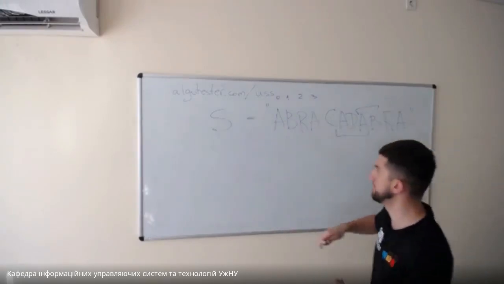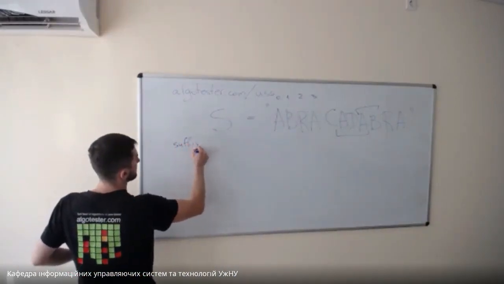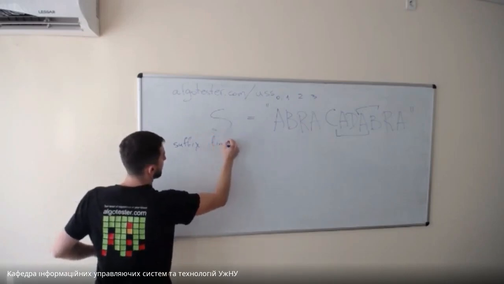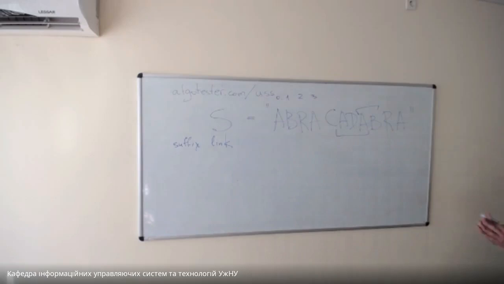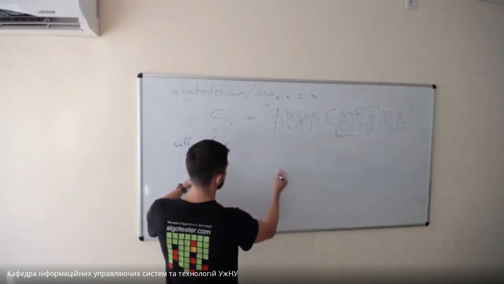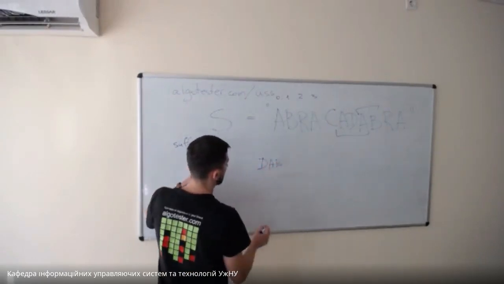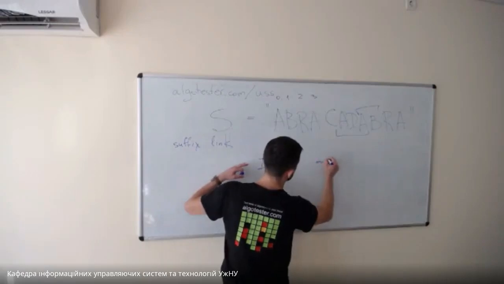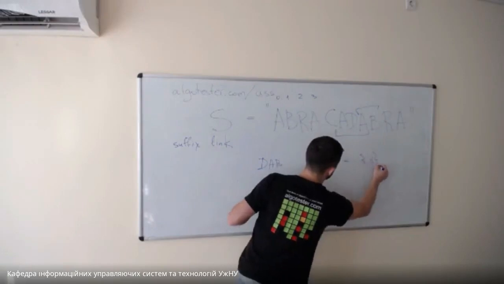In order to introduce a suffix link, let's do another observation. So if we have some string, let's say DAB, and end pos for DAB is equal to position 8.